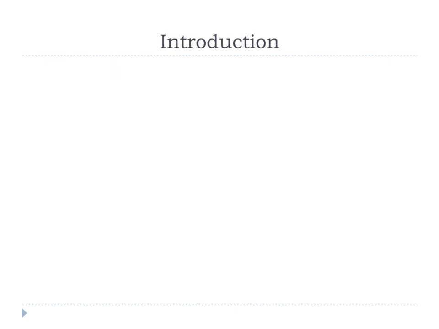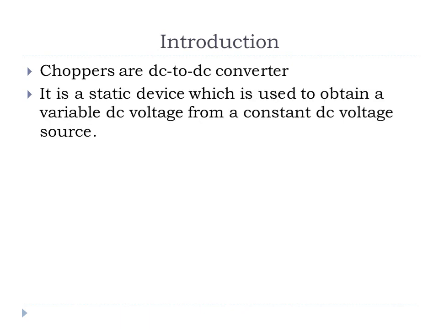Choppers are basically DC to DC converters, which means that the input DC voltage, which is a constant source voltage, can be converted into various levels of DC voltage. This output voltage can be higher in magnitude as compared to input voltage, or it can be lower than the input voltage. So basically, it is a static device, and we can manipulate the output and get various levels of DC voltage at the output.